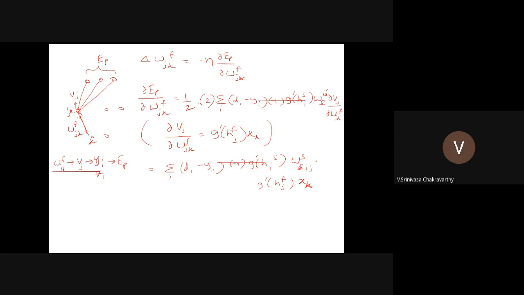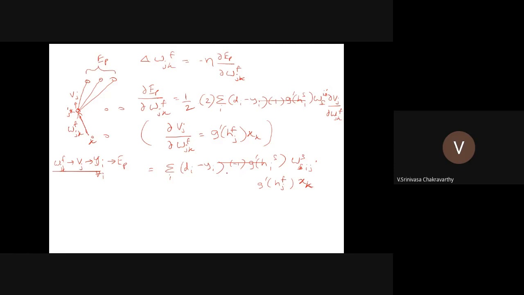So what is such a big deal? Why do we make so much drama about all these people discovering this algorithm? Because all that it requires is taking partial derivatives of a slightly complicated function. You need to make sure your indices are right and you're not messing up indices. So if this is all that they have done, it's not such a big deal. But what they have done is something more intelligent.